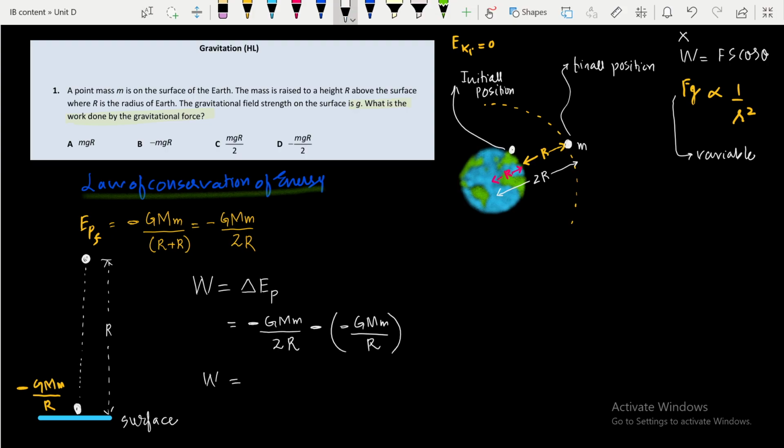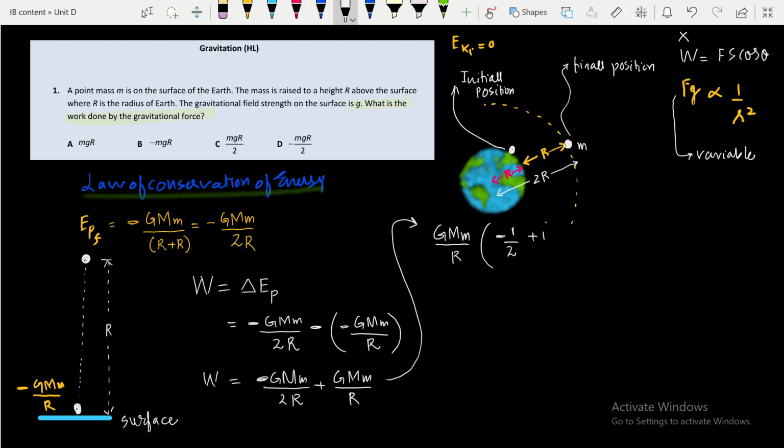Work done is equal to negative GMm over 2R plus GMm over R. For more simplicity, you can take GMm over R as a common factor out. What remains is negative 1 over 2 plus 1, which is equal to 1 over 2. So that is GMm over 2R.